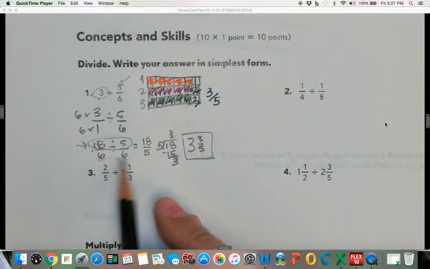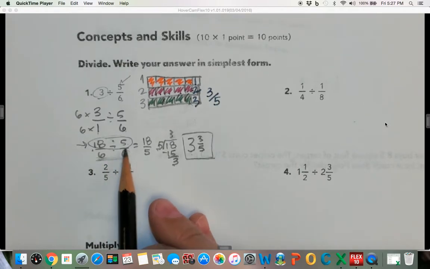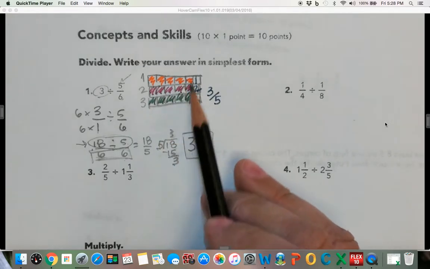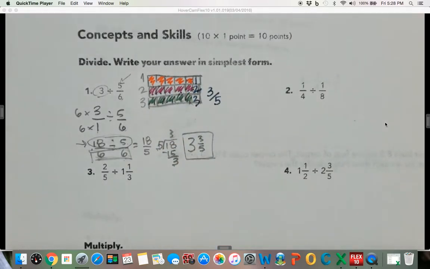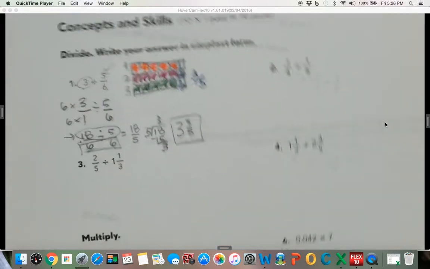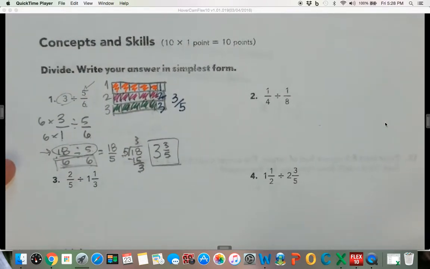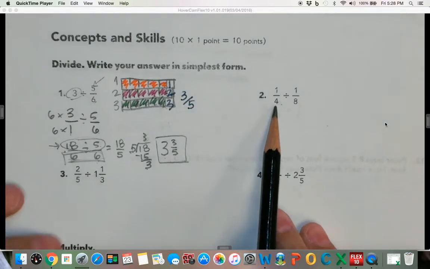These denominators don't mean anything to us once they're the same, because what it does is tell us to cut these all into the same pieces. For number 2, I don't have a whole. I only have a quarter.